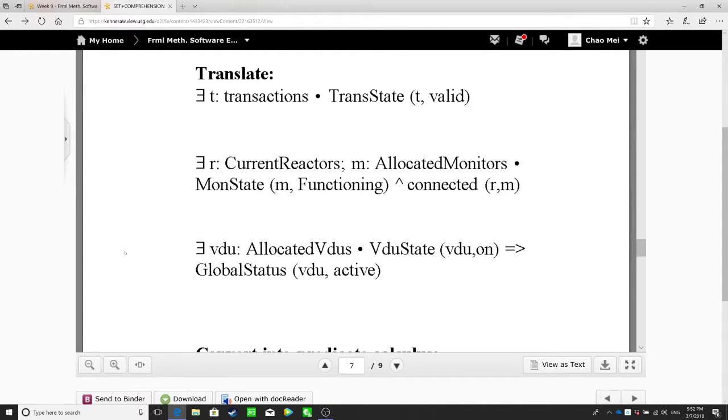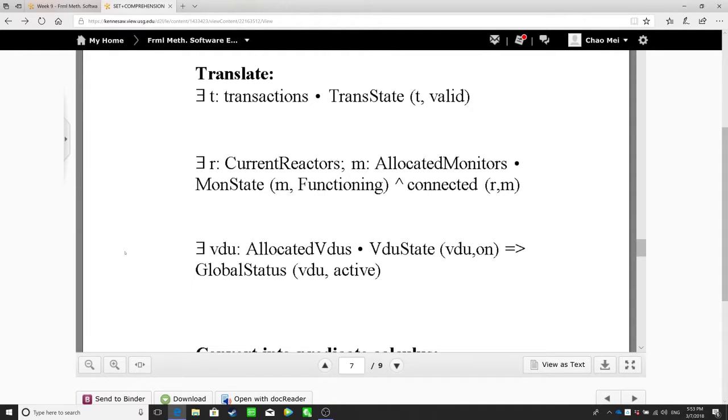There exist two things. First, there exists a current reactor R and an allocated monitor M, such that the allocated monitor state is functioning and it's connected to R. It's connected to that reactor.